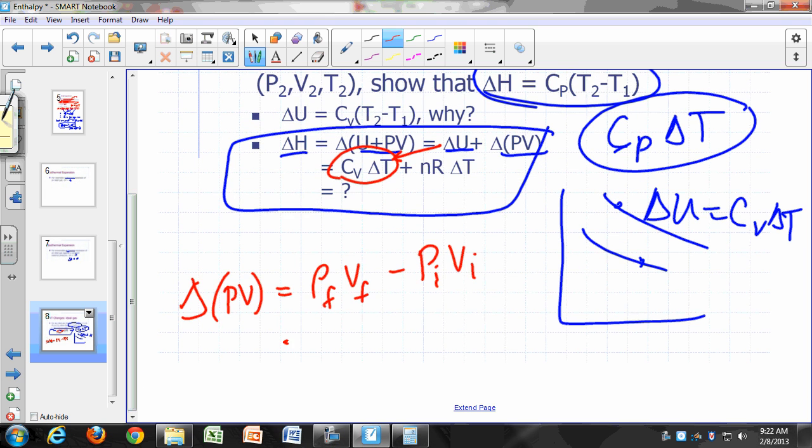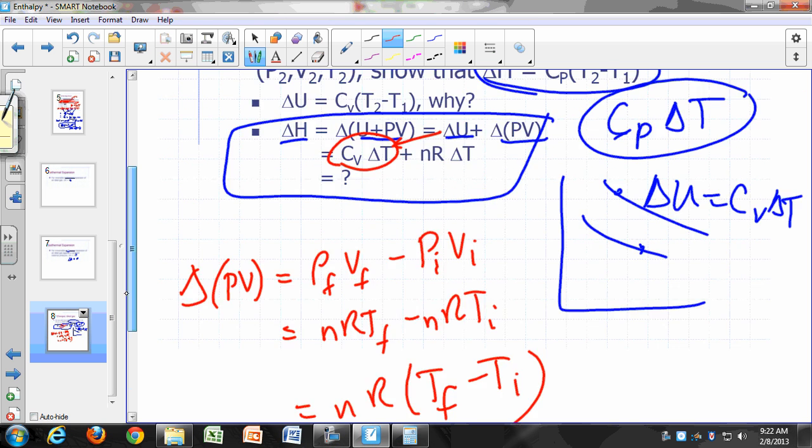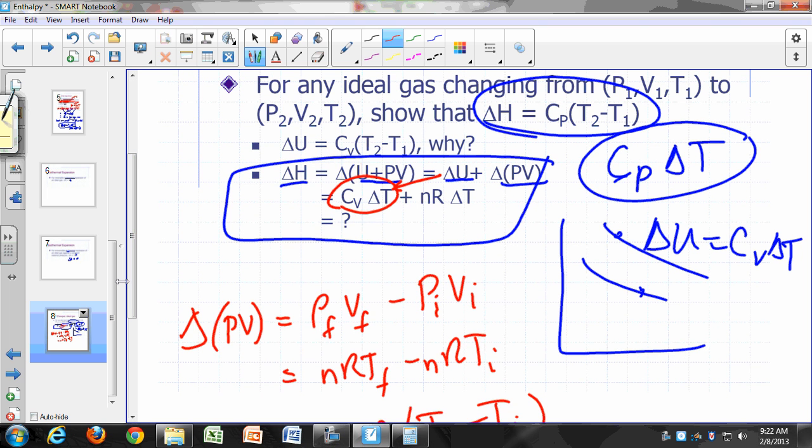But that's the same thing as nRT final minus nRT initial, correct? PV equals nRT. So that's just equal to nR times T final minus T initial. That's a change in nRT, which is just n times R times the change in temperature. So that's nR delta T.